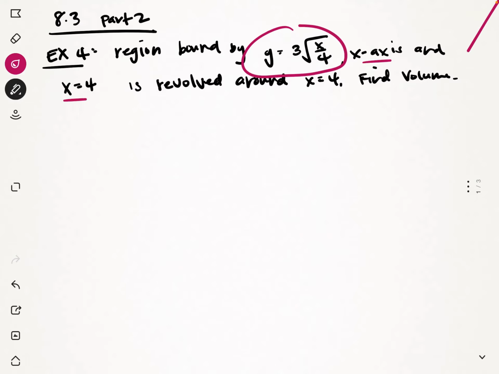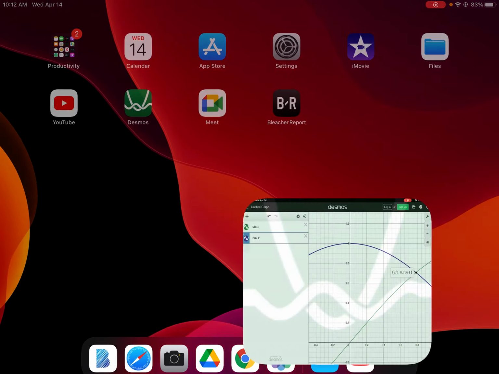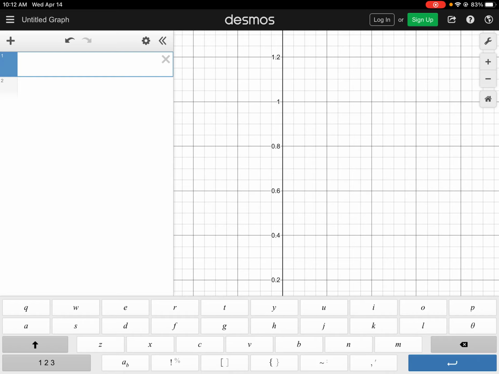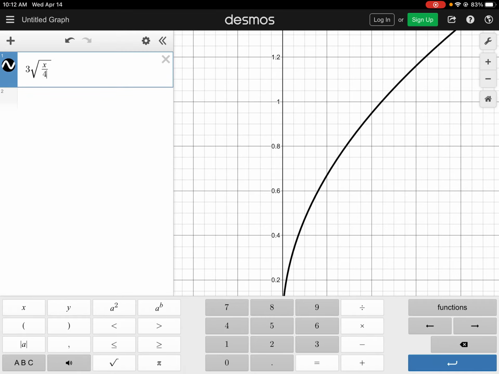So let's go ahead and graph this: 3 square root x over 4.